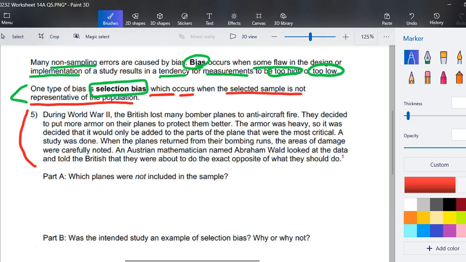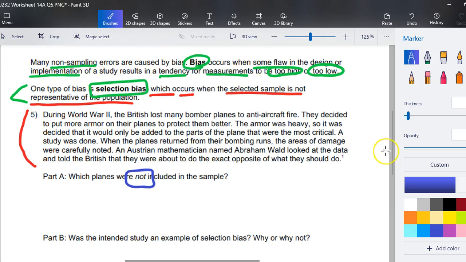An Austrian mathematician named Abraham Wald looked at the data and told the British that they were about to do the exact opposite of what they should do. Part A. Which planes were not included in the sample? The planes that were not included in the sample were the planes that were shot down.